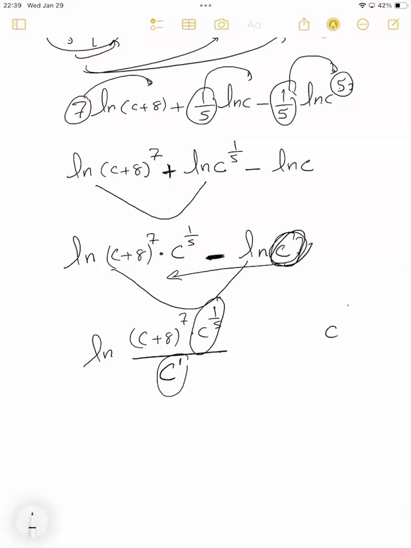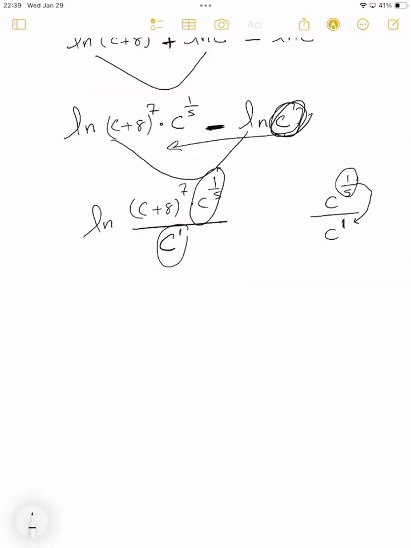Let's look at this. You have c to the power 1 over c to the power 1/5. 1 is bigger than 1/5. I'm going to subtract 1/5 from 1. This was a lesson we had at the beginning. If you have 2 to the power 5 divided by 2 to the power 3, 5 is bigger than 3. So do the subtraction on the top. You go 5 minus 3. The answer is 2 to the power 2.